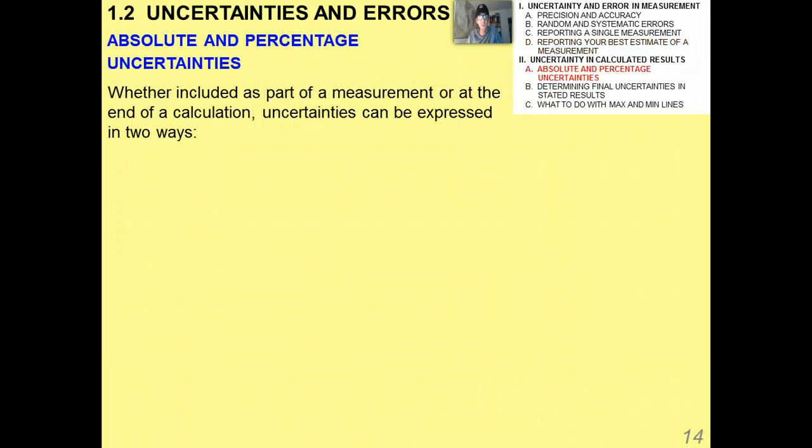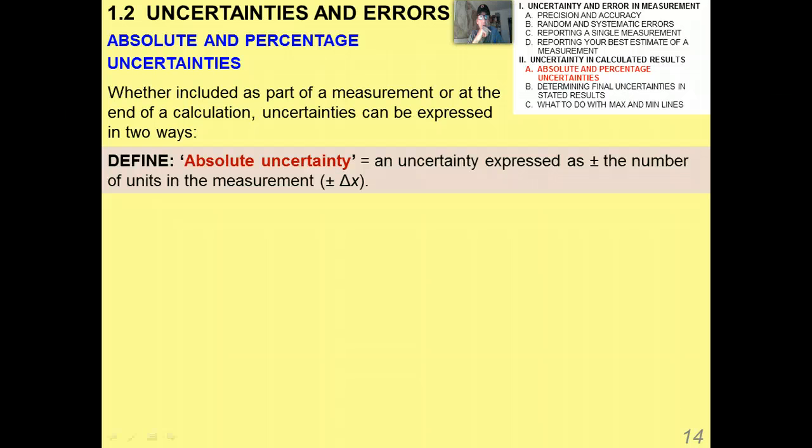All right. So we're going to talk about absolute and percent uncertainties here for just a minute before I conclude this video, okay? There are two ways to quantify errors as uncertainties: absolute uncertainties and percent uncertainties, okay? An absolute uncertainty would be plus or minus something in the units of the thing that you're measuring.